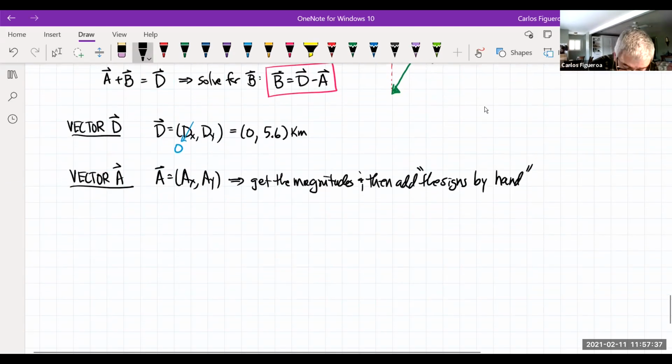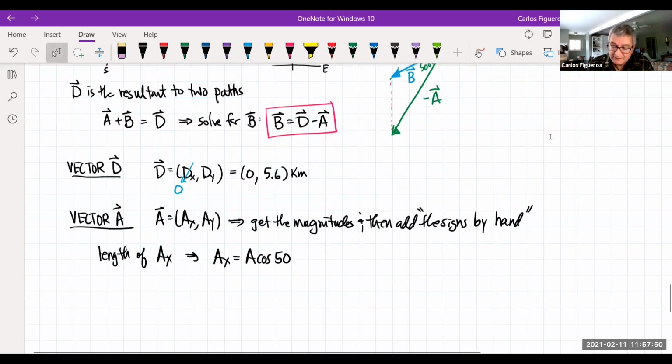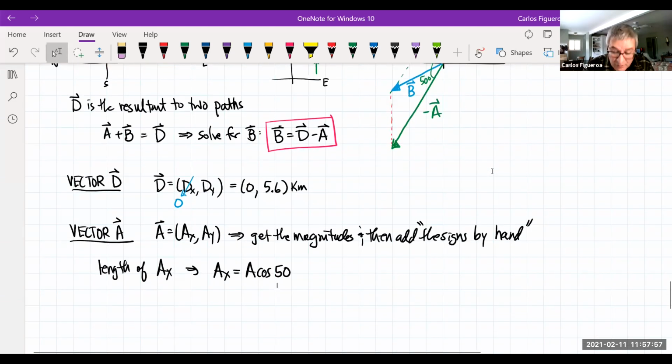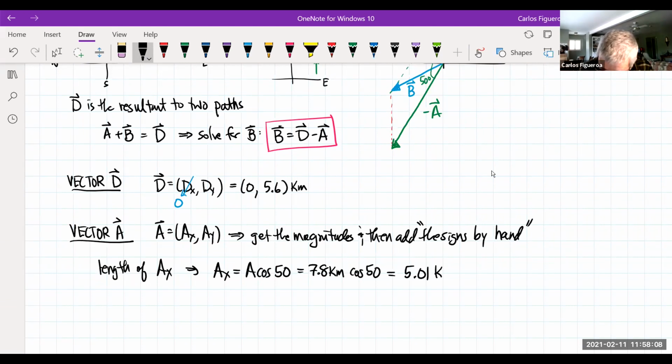So I know that the length of AX is going to be A, in this case, cosine of 50 degrees, right? Because I could pick any quadrant that I want. So if I get that, then this is going to be 7.8 kilometers cosine of 50. And then I get that this is 5.01 kilometers.